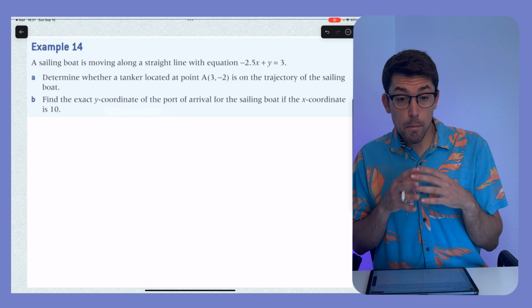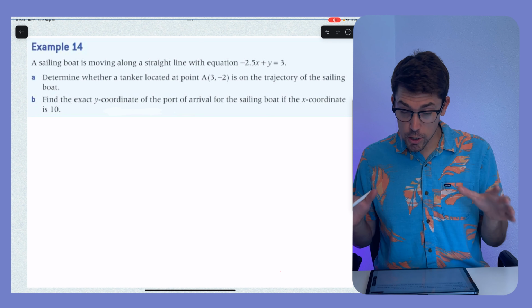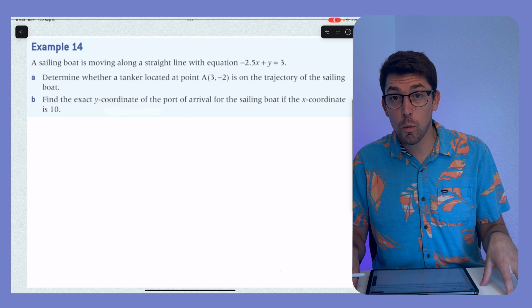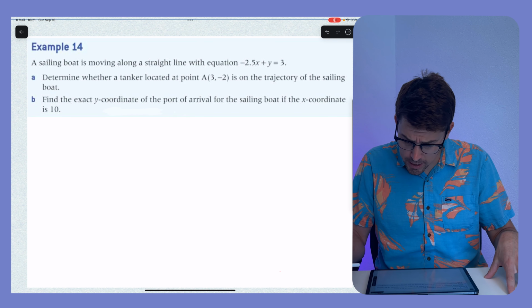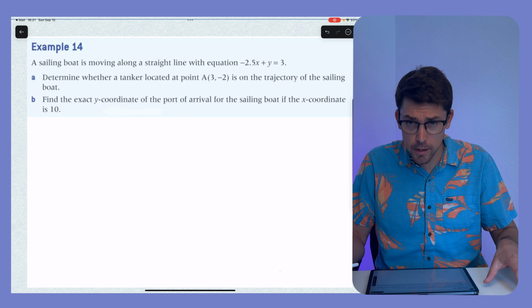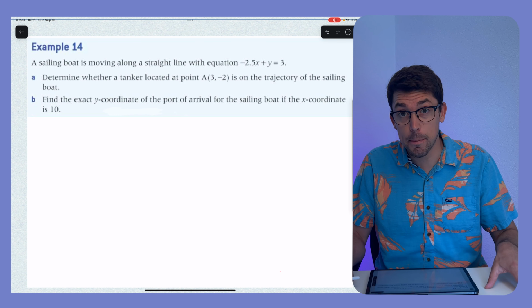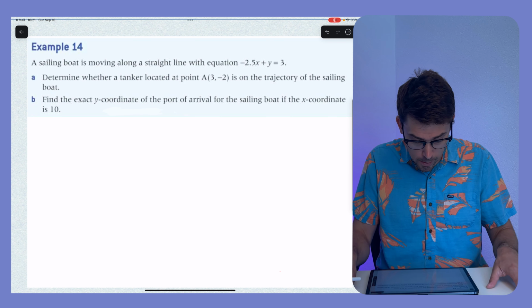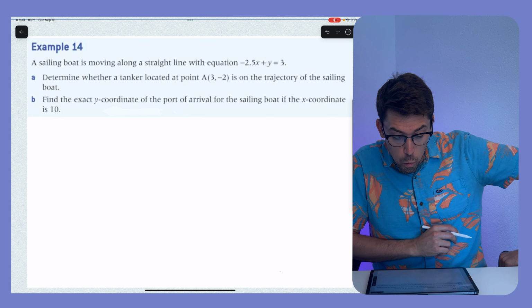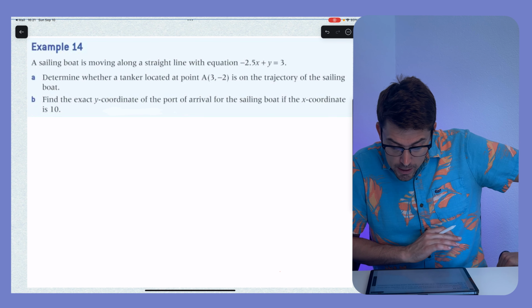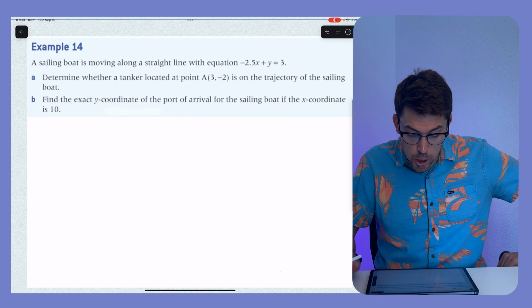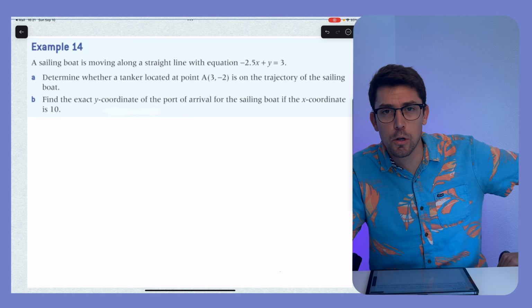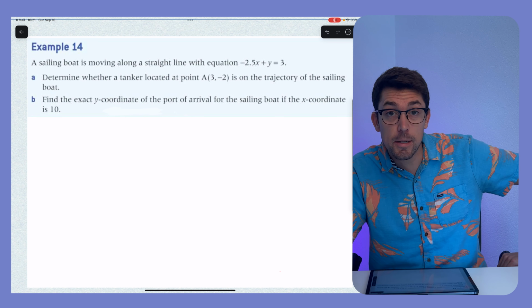Let's say a sailing boat is going to be moving along a straight line with this equation, negative 2.5x plus y equals 3. So it's given to us in a more standard notation. It's not given to us in point-slope or slope-intercept form. Now, let's determine whether some kind of tanker is located at (3, -2), and see if that is going to be on the trajectory of the sailboat, to see if a possible collision needs to be avoided.